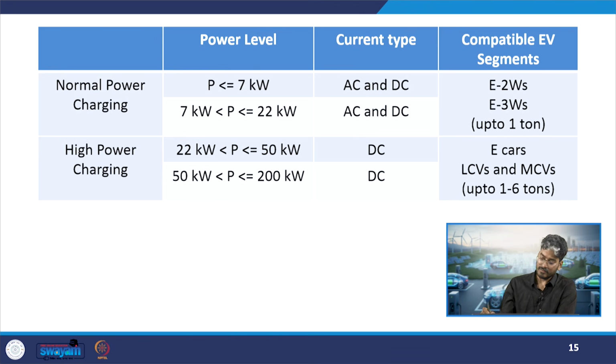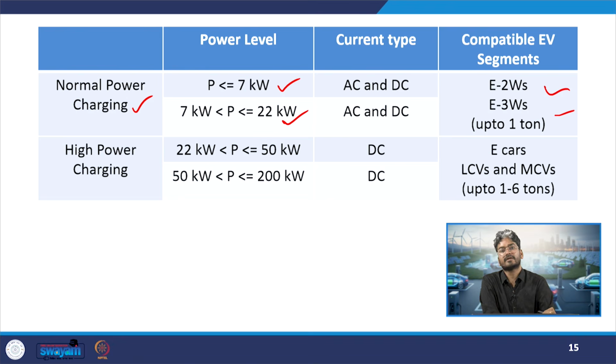Here, for low power charging, this is the normal charging mode, where the power level is less than 7 kilowatts. Then the second mode of classification is 7 kilowatts to 22 kilowatts. In both cases we can have AC and DC. Then high power charging.